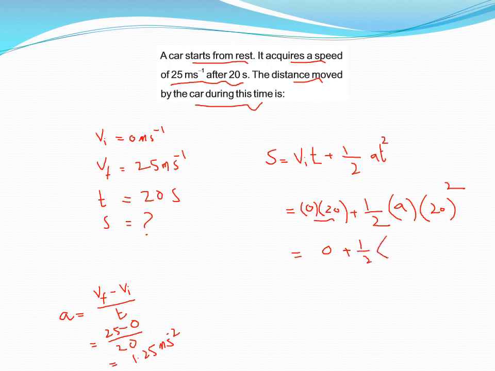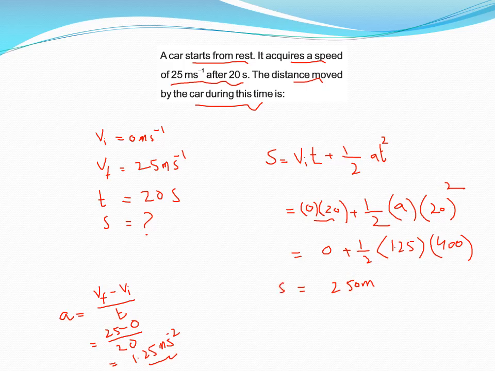Acceleration we just calculated as 1.25, and 20 squared, 20 times 20 equals 400. If you simplify it further, after arithmetic manipulation, you get 250 meters as the distance.